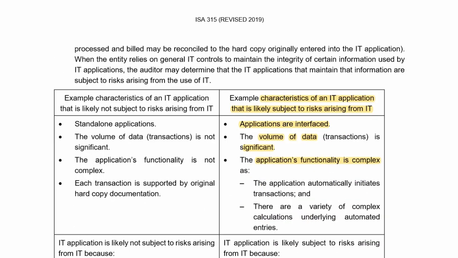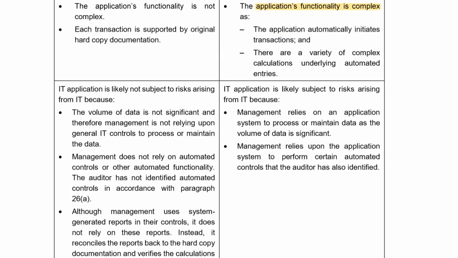And here we've got some examples of where an IT application is not subject to risks from IT and where they are likely to be subject to risks with regards to IT. So your standalone applications, the low volume of transactions are not likely to. Where you've got a large volume, where applications are interfaced and interlinked, you could have those risks.